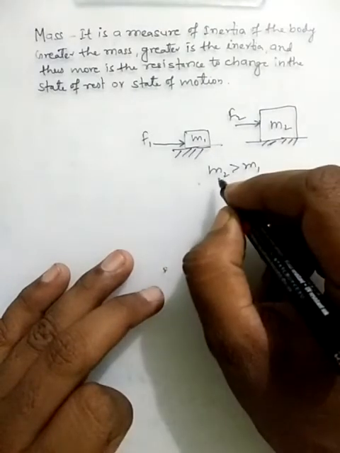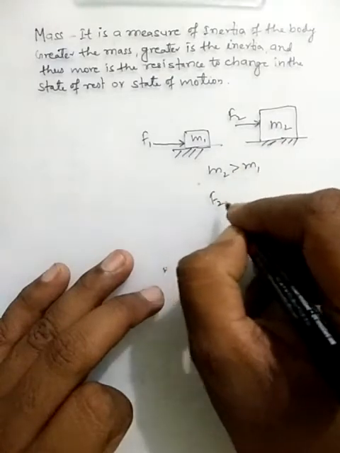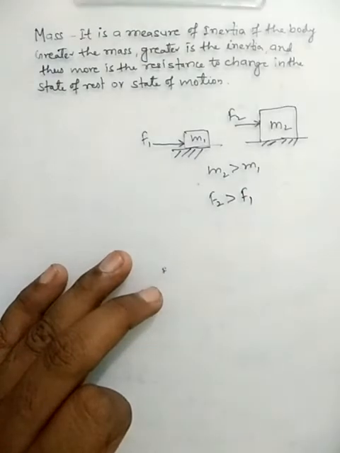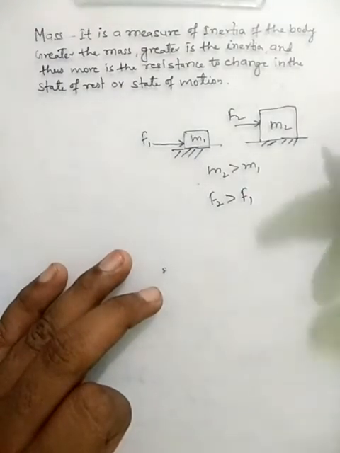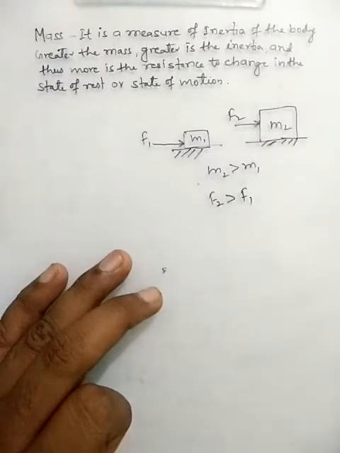Because the mass m2 is greater than mass m1, f2 will also be greater than f1. More force is required to change the state of a body having heavier mass.